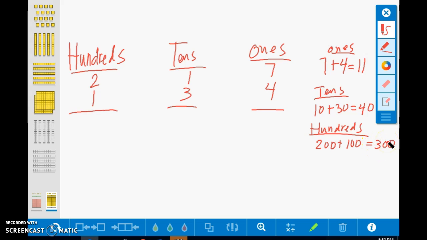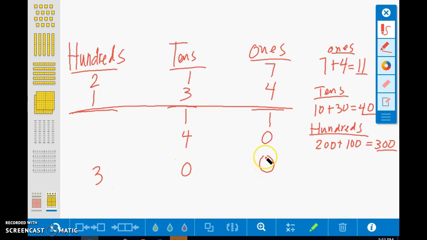So what we want to do first is bring down the total of our ones. We want to write it down right here. The total of our tens, which was 40, put it over here. And the total of our hundreds, which was 300, bring it over here.